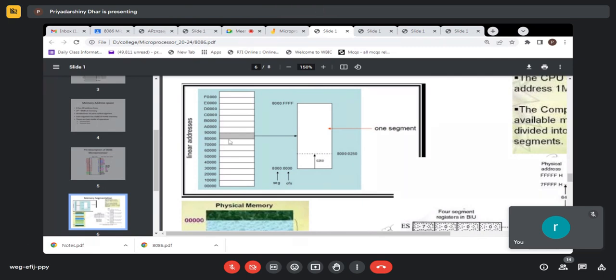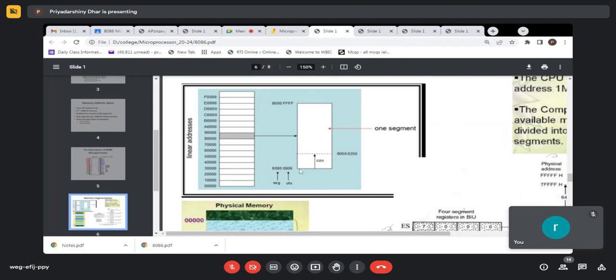80,000 is the starting address of this gray colored segment. So 80,000 is the physical starting address. So what will the ending address be?